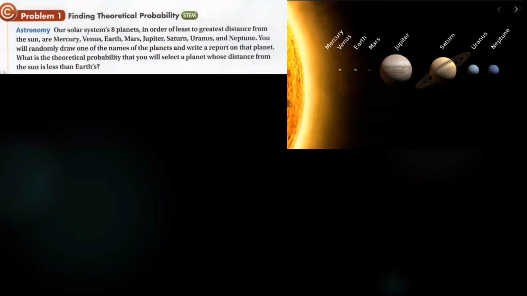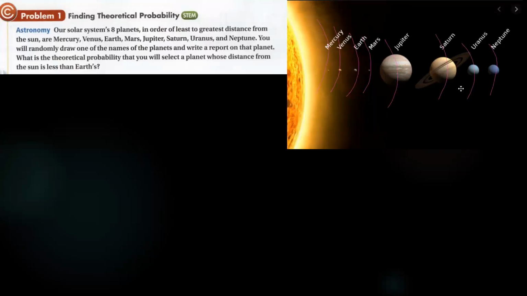Ordered from least to greatest distance from the sun, as you see here, we have Mercury, Venus, Earth, Mars, Jupiter, Saturn, Uranus, and Neptune. These are the 8 planets going farther away from the sun. The least distance is Mercury, and the greatest distance will be Neptune.